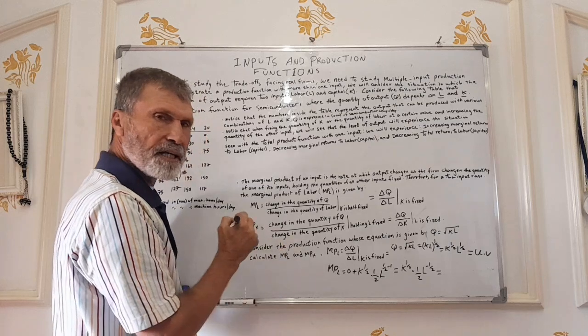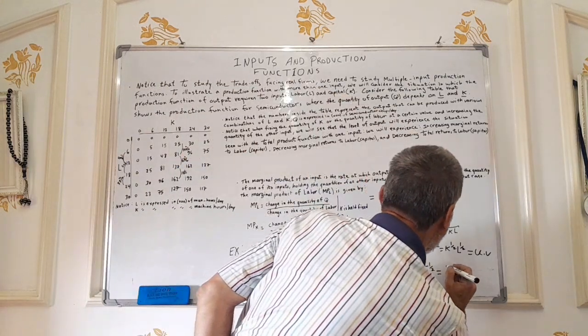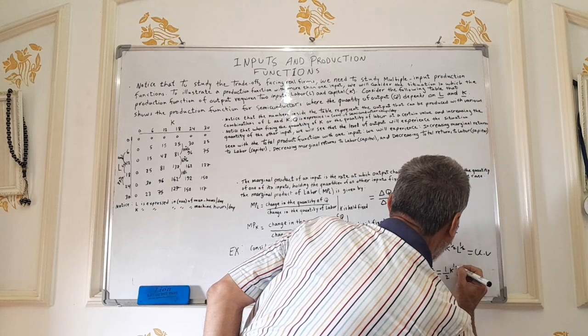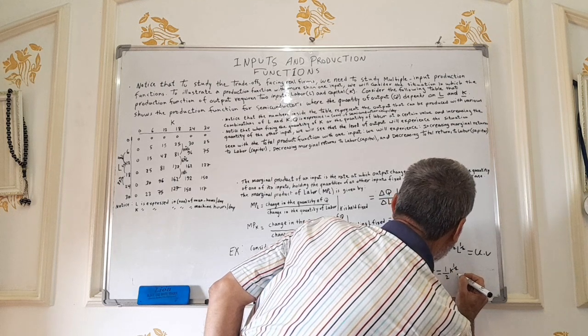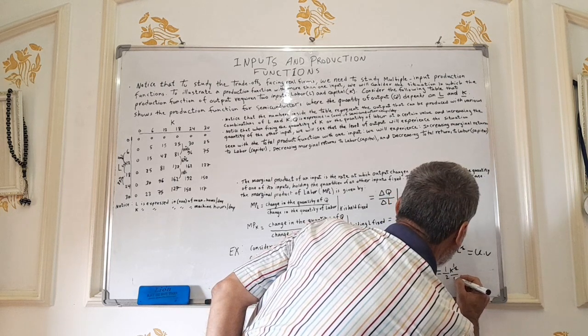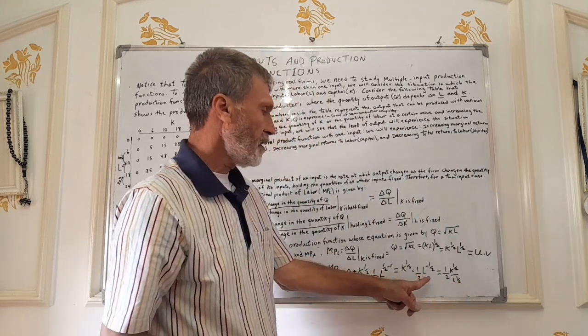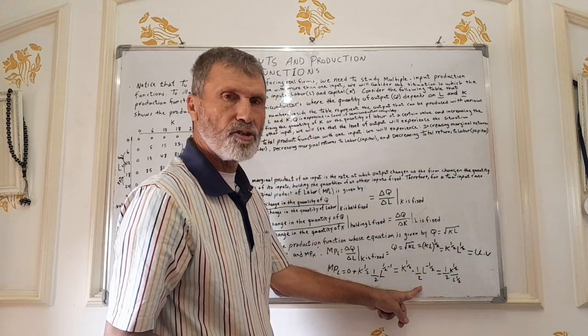Now I simplify this more. I come up with 1/2 K^(1/2) over L^(1/2), because L^(-1/2) goes to the denominator.